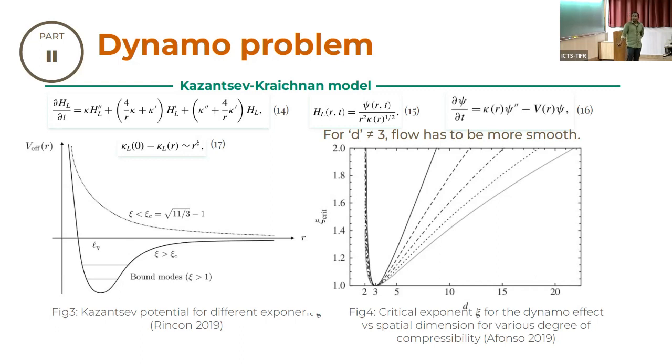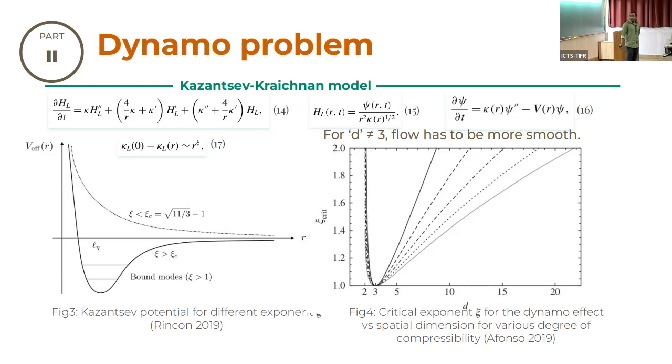so that the L and L stand for the normal and transverse correlations. And this equation, via this simple transformation, the Kazantsev model reduces to a nice Schrodinger equation, and the V of R dictates a potential, and the model states that for a dynamo to be possible, you need to have bound states within this potential.